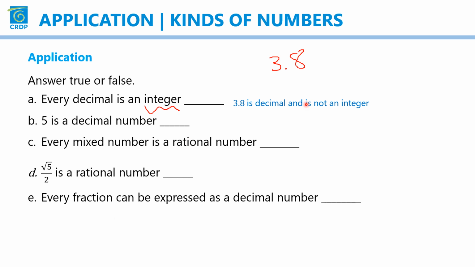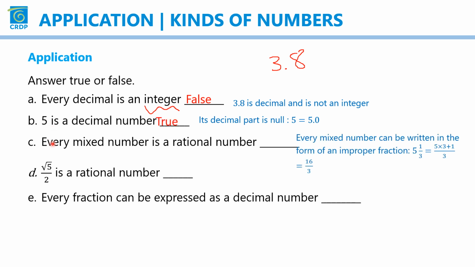No, because like this number, it's a decimal number, but it's not an integer. Keep it in your mind. Integers are whole, positive, and negative numbers. 5, is it a decimal number? Yes, I could write it as 5.0. So true.